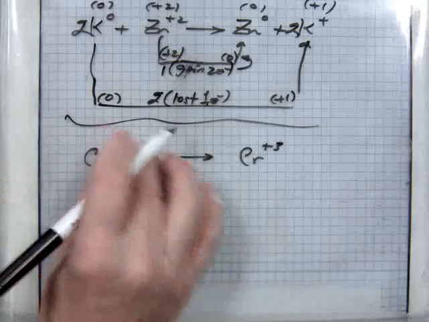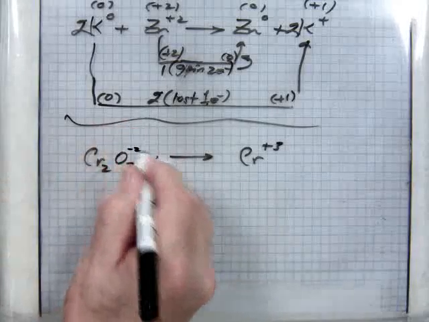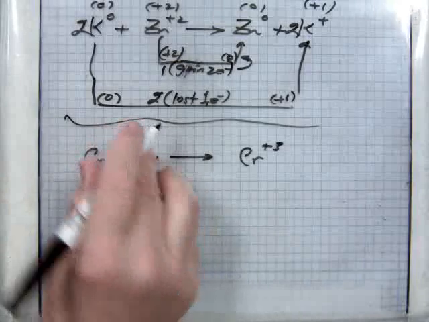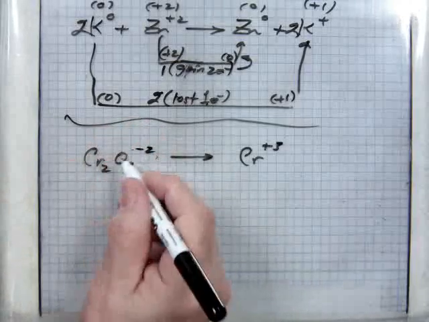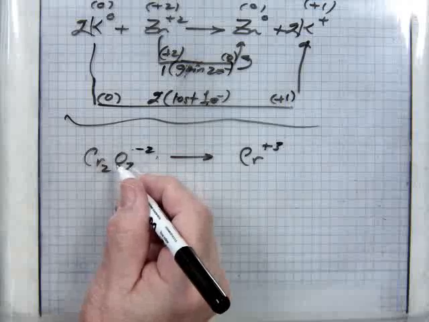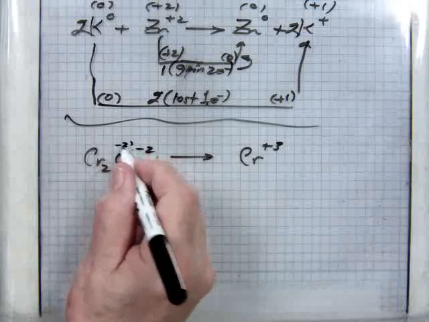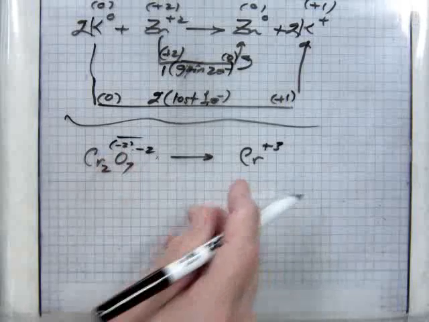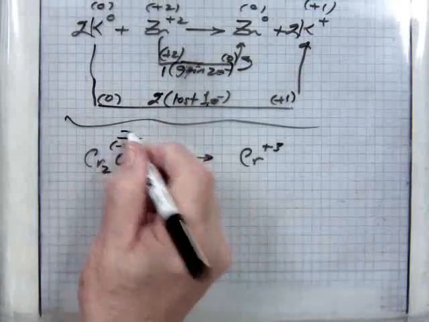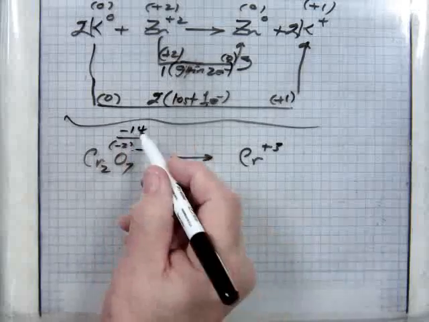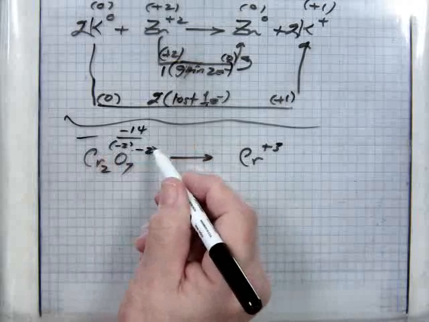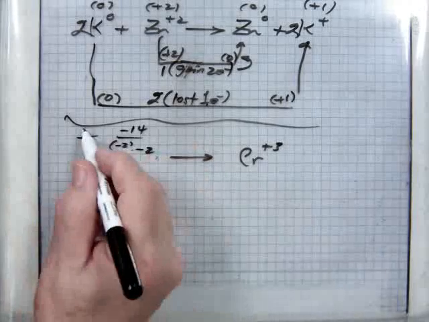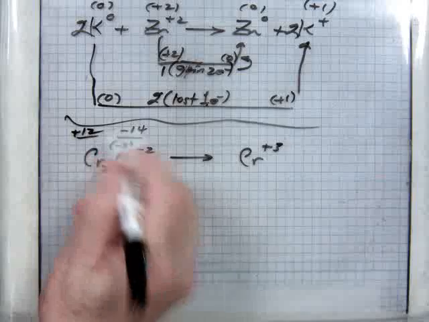So, minus 2 overall. Okay. Now, I told you, unless I tell you different, oxygen's always minus 2. So it's still a minus 2 in here. Then I put a blank over the top, and it's a minus 14. Now I have to add 14 to something over here to get a net minus 2. So what would this be? This would be a plus 12.